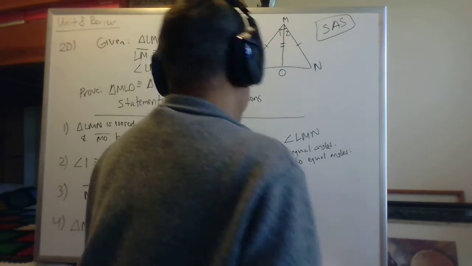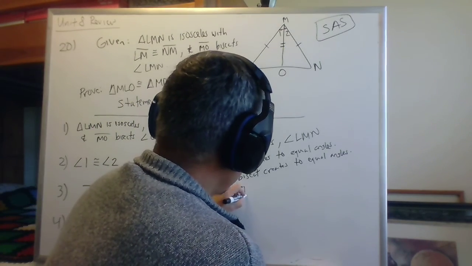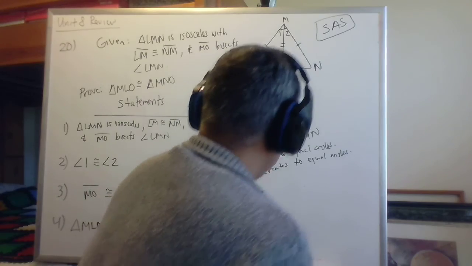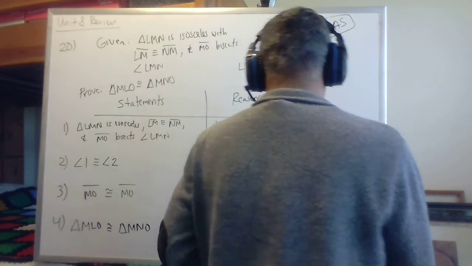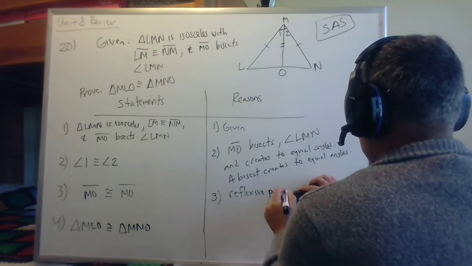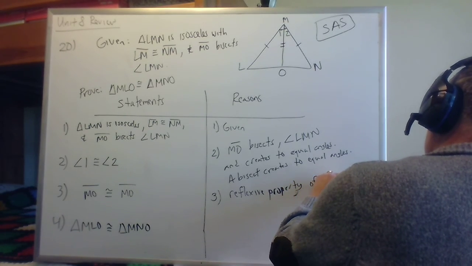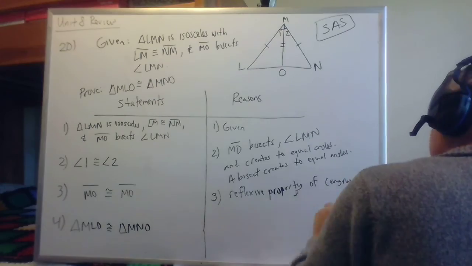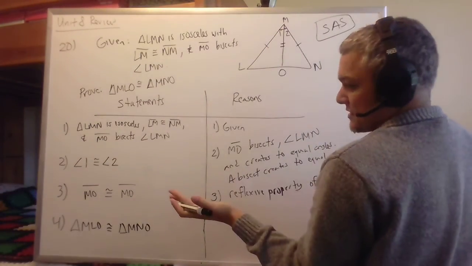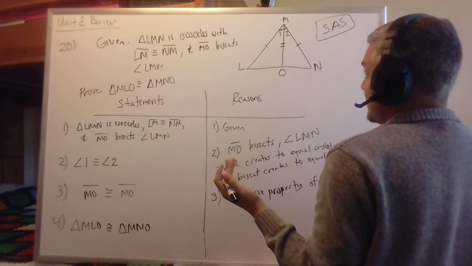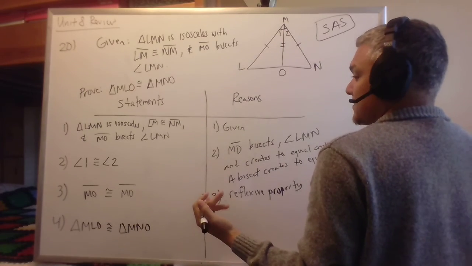And we called that a specific property that we used, and that's known as the reflexive property of congruence. So the reflexive property basically says that a side is equal to itself. So side MO is equal to side MO, or segment MO is equal to segment MO.